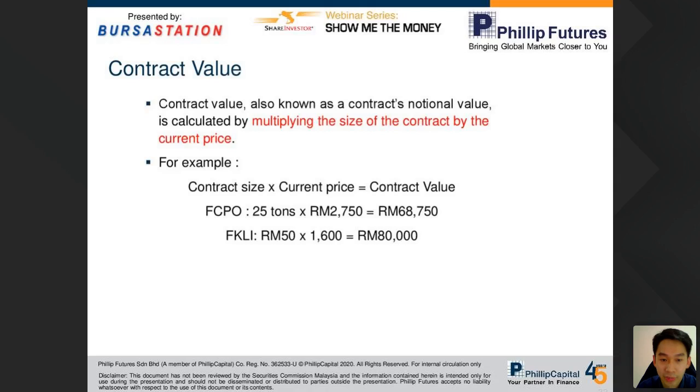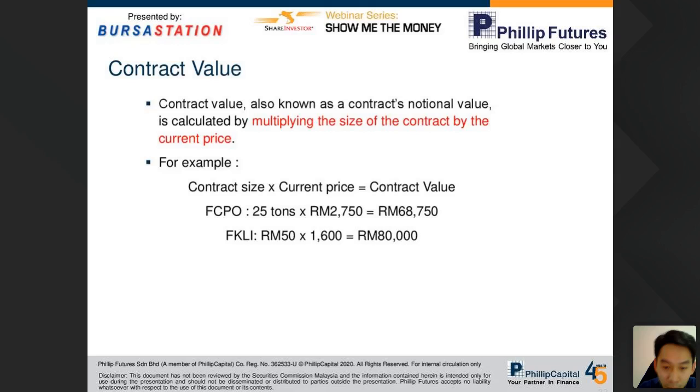Assuming CPO is currently trading at 2,750, each ton is 2,750. You multiply it by 25 tons, and you get a contract value of 68,750. So by trading one contract of FCPO, you are actually holding a position of 68,750.